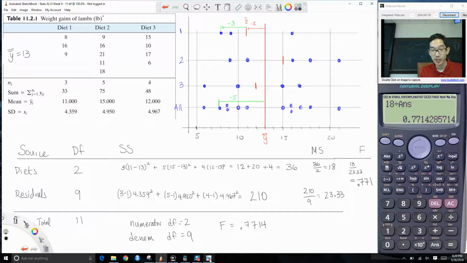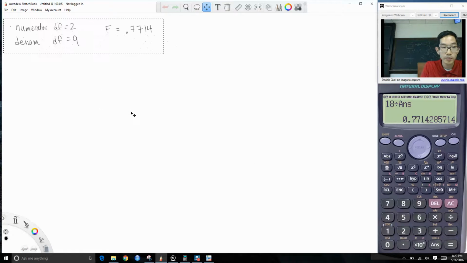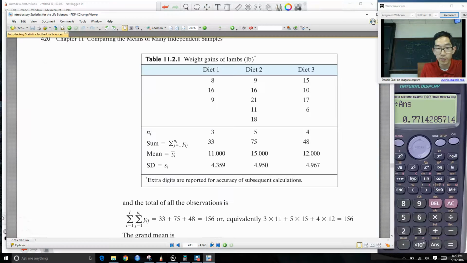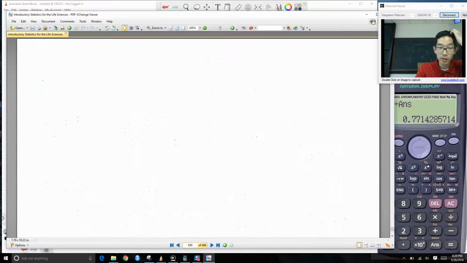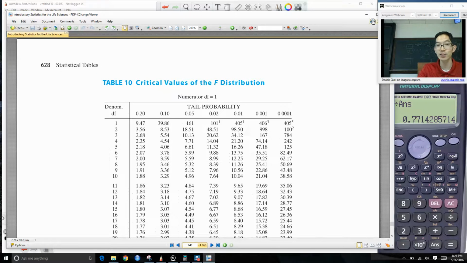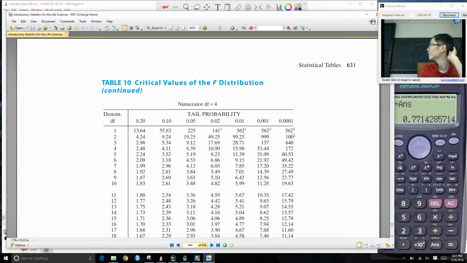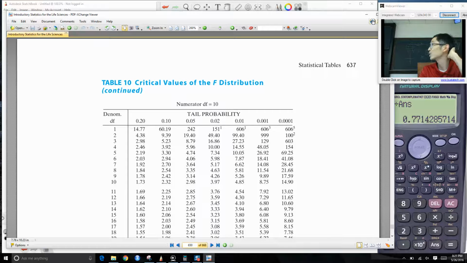All right. And so what we would do is find in our table, so I'll show you what the F table looks like in the 4th edition, and again, there's like 10 pages of this stuff. It says Table 10, critical values of the F distribution, and there's one page for numerator df equal to 1, a page for numerator df equal to 2, a page for numerator df equal to 3, and so forth until numerator df equal to 10.